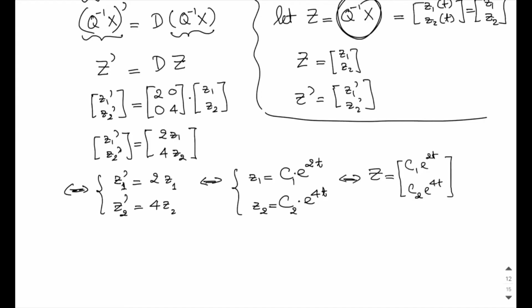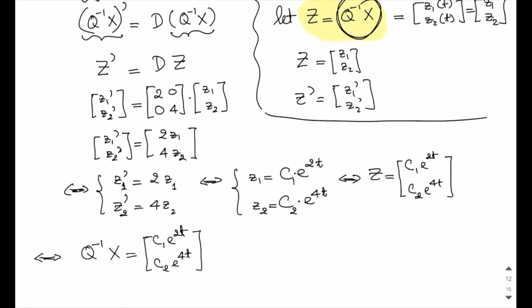But we need to find the x, right? Remember, Z is set to be Q inverse times x, right here. So this means we have Q inverse times x equals C1 e^2t, C2 e^4t.